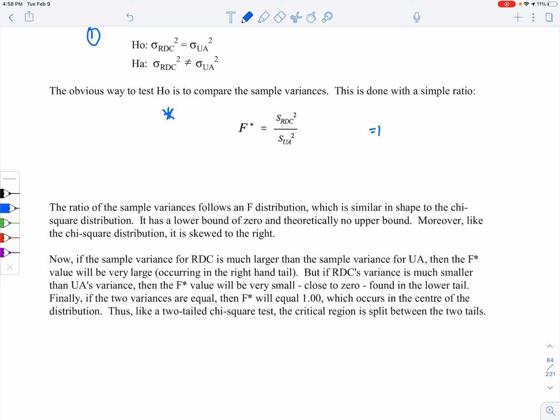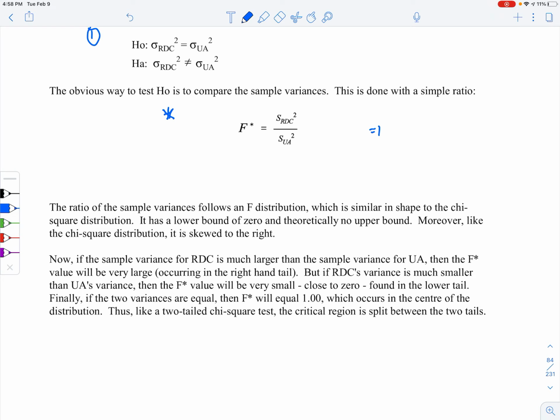On the other hand, if U of A is much larger than RDC, then we would have a small fraction. It would be close to 0, right? So that's what we're looking at. It can't go below 0 in this particular case.